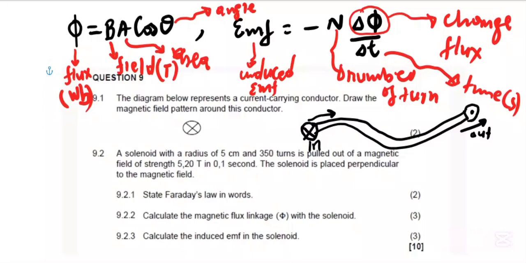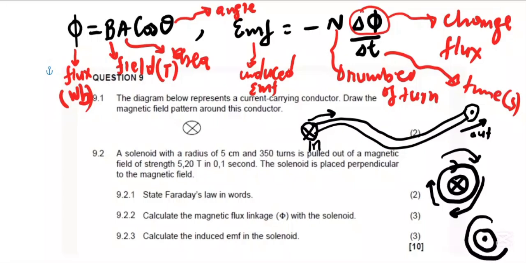Then we check how our fingers curl, which tells us the magnetic field. For the x, a screw that is put in, you turn it in the clockwise direction. When you put it in, you turn it clockwise. When you don't want it, you take it out, and you remove it anti-clockwise. So in this case the screw goes into the page, so the magnetic field is in the clockwise direction. Then we're done with that one.